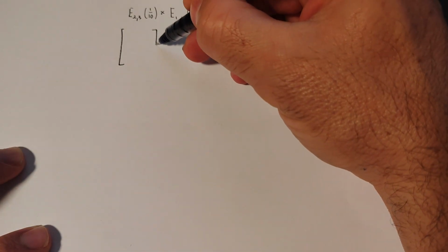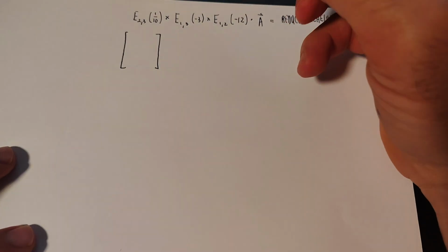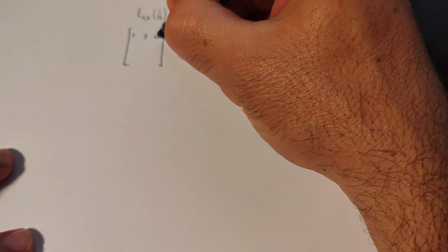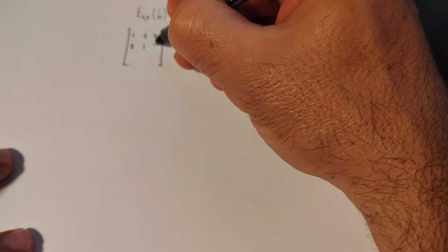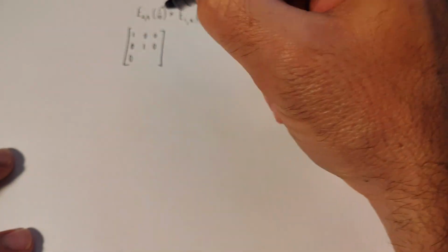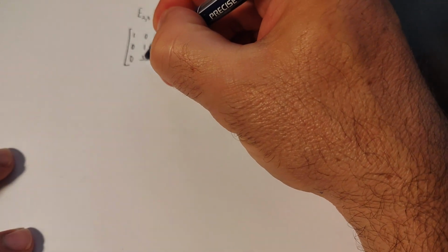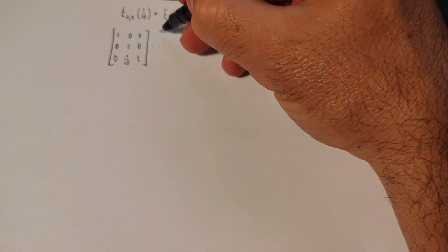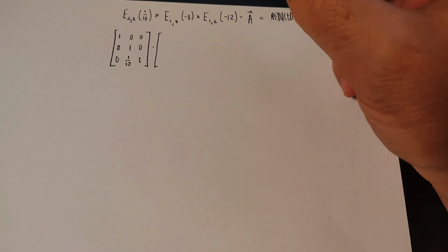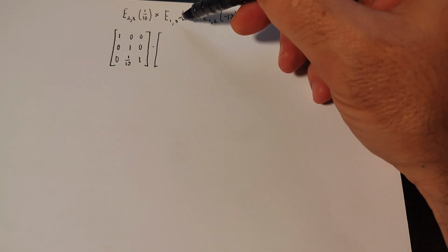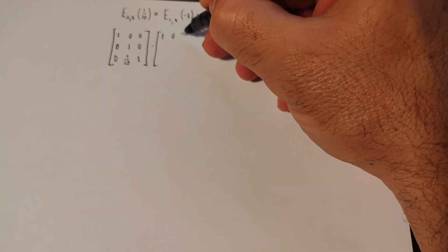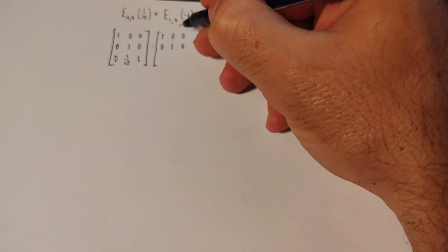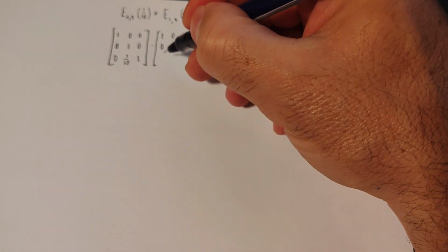Again, it's the identity matrix, but we're adding 1/10 of row 2 to row 3. So it's going to be 1, 0, 0, 0, 1, 0, and then 0, and we're adding 1/10, right? What does this matrix here look like? It's negative 3 times row 1 added to row 3, so 1, 0, 0, 0, 1, 0, and then negative 3, 0, 1.